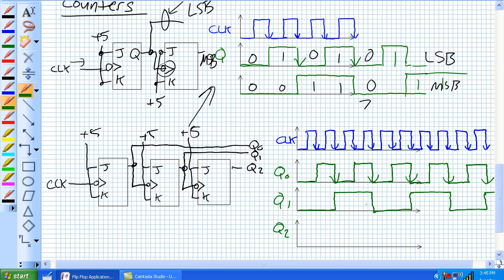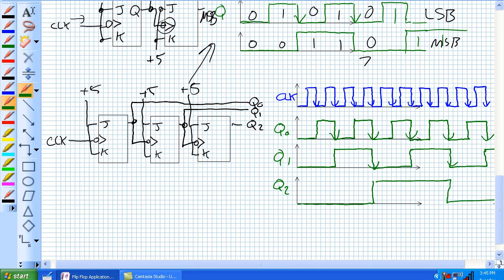Well, it's half the frequency of Q1 shifted. And if you think about this, if this is MSB to LSB, 0, 0, 0, 0, 0, 1, 0, 1, 0, 0, 1, 1, 1, 0, 0.